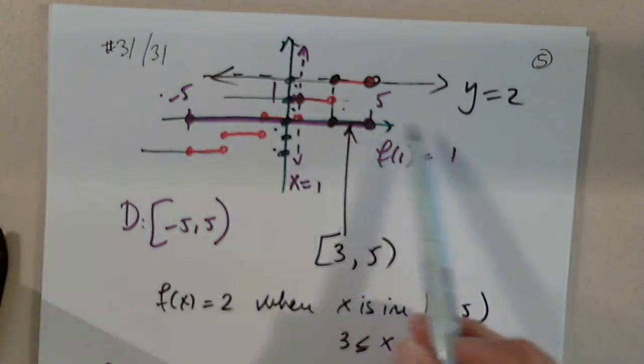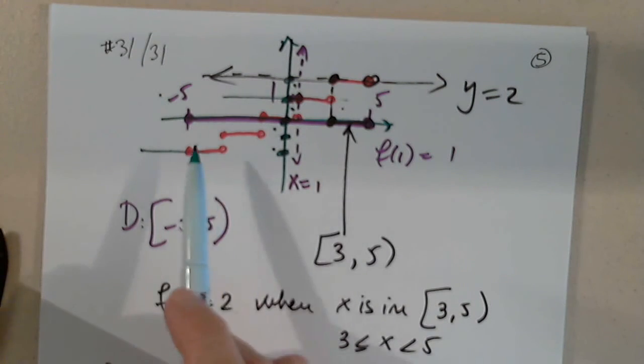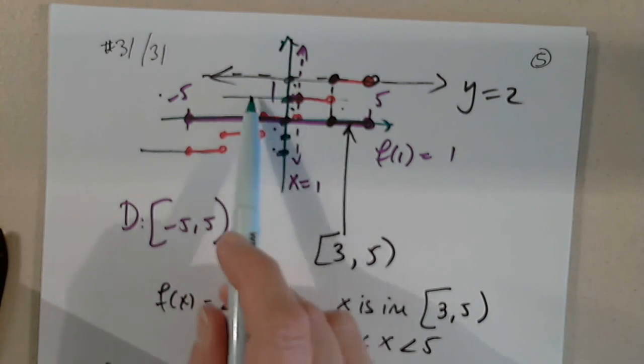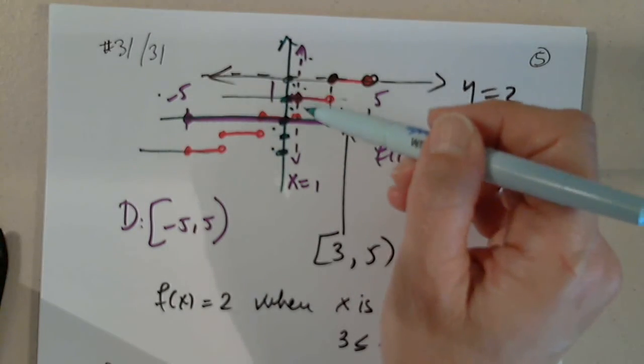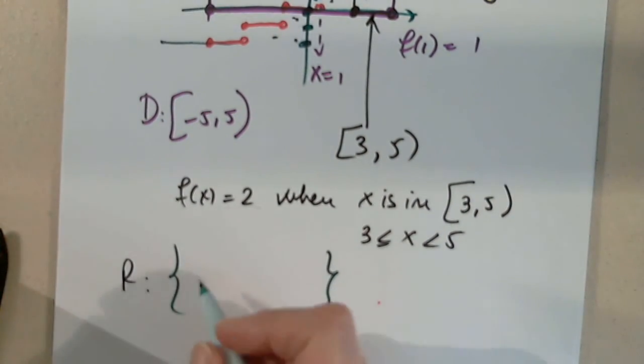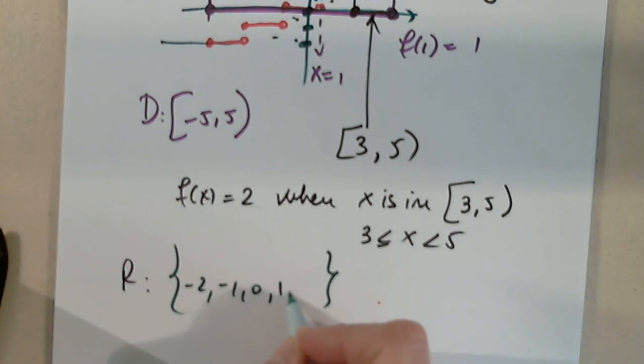When I cross the function with horizontal lines, I only can hit it for this value of x, for this, this, and this, nothing in between. And those values from the book are -2, -1, 0, 1, and 2. Careful how we present it: -2, -1, 0, 1, and 2, because nothing in between is part of the function.